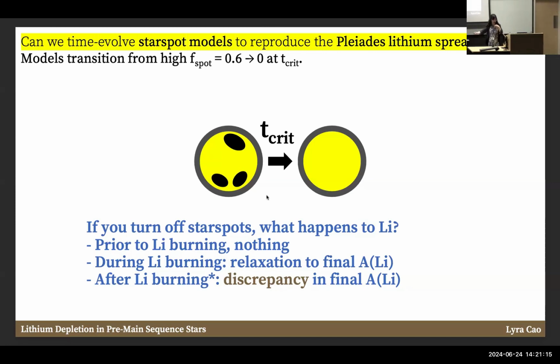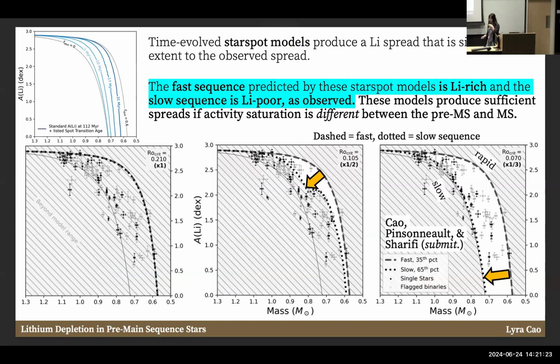But this situation can change if you actually switch off the star spots during the epoch of lithium burning or afterwards. And so if you take these models, star spot models do seem to be able to produce lithium depletion patterns that expand and fill this range with standard fast and slow rotator sequences.